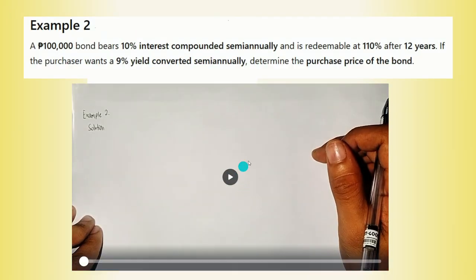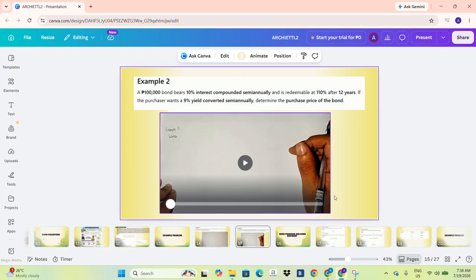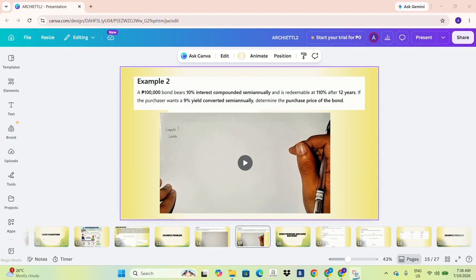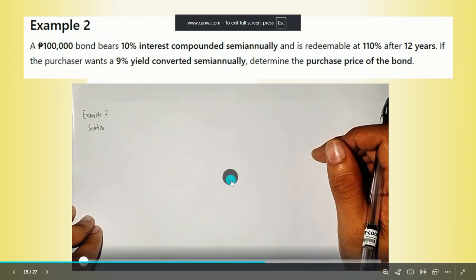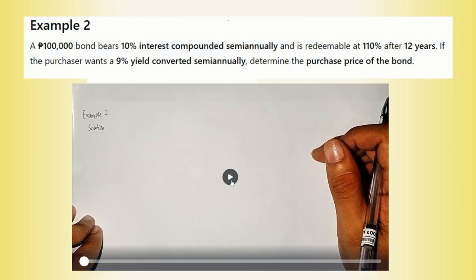Now, the second example is a 100,000 bond that bears 10% interest compounded semi-annually and is redeemable at 110% after 12 years.